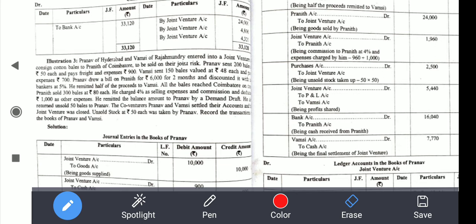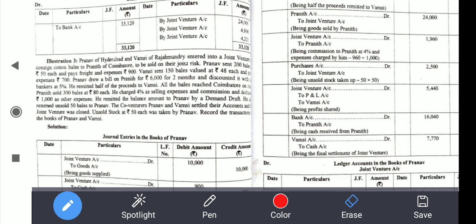Pranav of Hyderabad and Vamshi of Rajahmundry entered into a joint venture to consign cotton bales to Pranith of Coimbatore, to be sold at their joint risk. Pranav sent 200 bales at 50 rupees each and paid freight and expenses of 900.